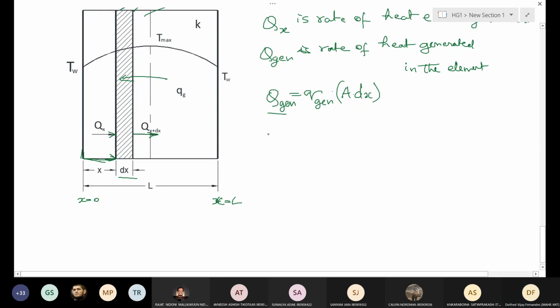And Qx plus dx is the rate of heat leaving.